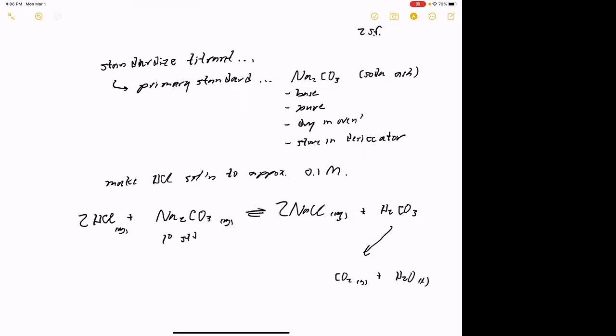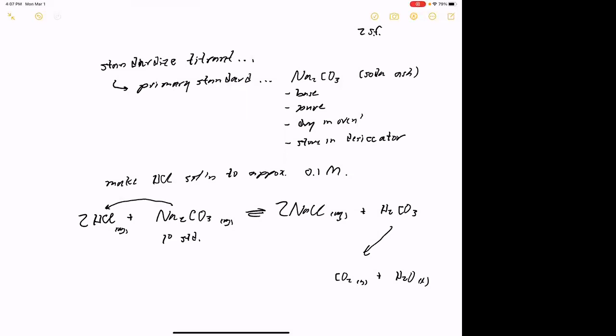So I could either add a little bit of the powder, so I know exactly how much is in there, or I could make up a solution of it and take an aliquot or whatever the case may be. But now, since I know the exact amount of it I've got in there, I know the exact number of moles of it because, again, I weighed it to great precision. And then I can use my mole bridge to go back to my HCl.